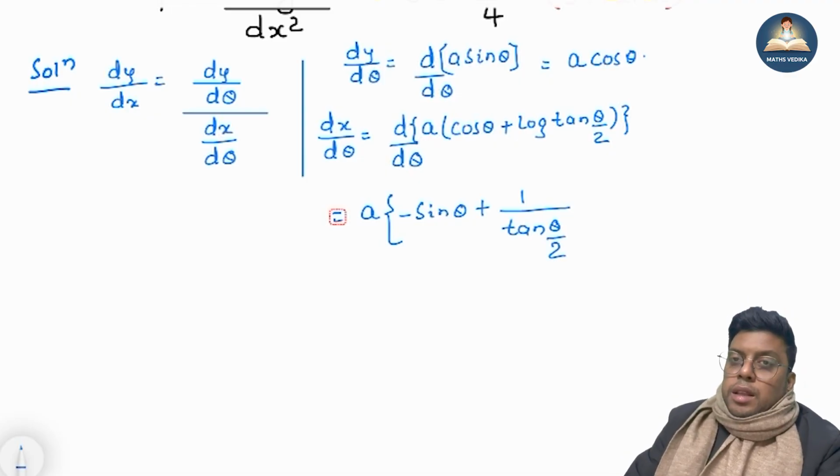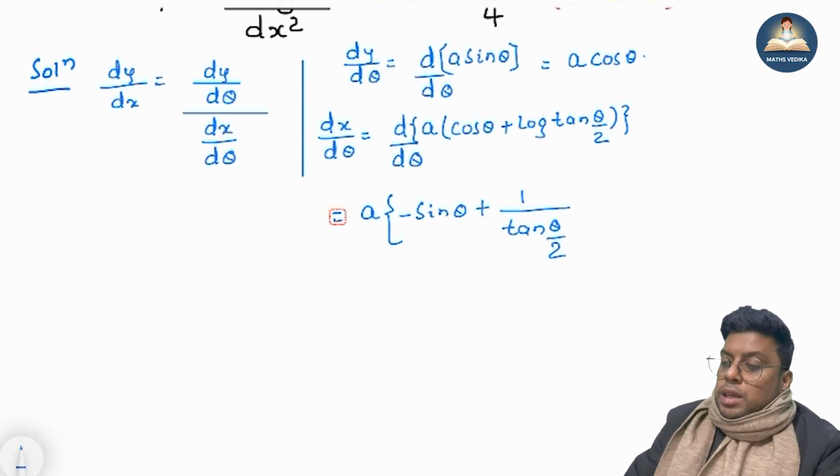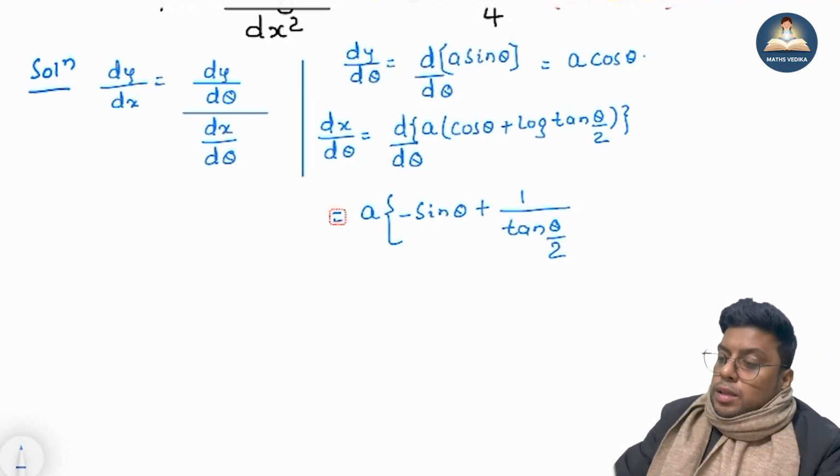Again, tan theta by 2 will also be differentiated with respect to theta, so it will be sec square theta by 2 into 1 by 2.